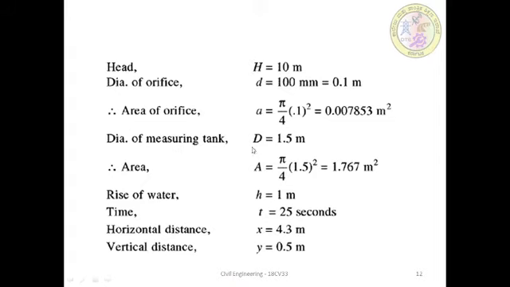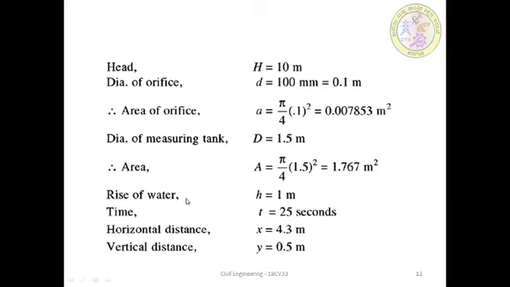Now the measuring tank, the one collecting the fluid coming down from the orifice, has a known diameter. The diameter of the measuring container is 1.5 meter. Its cross-sectional area, obviously pi d square by 4, becomes 1.767 meter square.